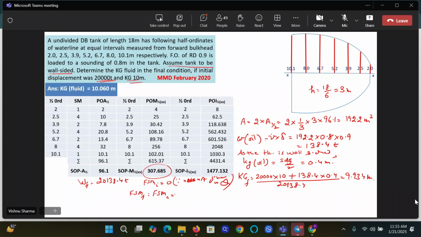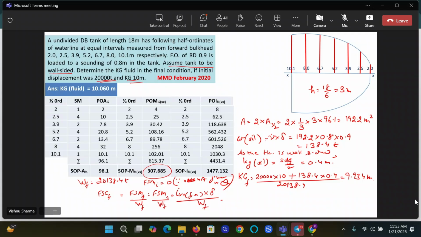I have already told you why you are assuming the tank to be slack. It will be Ixx of the free surface into the density. And what will be the final FSC then? Final FSC will be equal to final FSM upon final displacement.